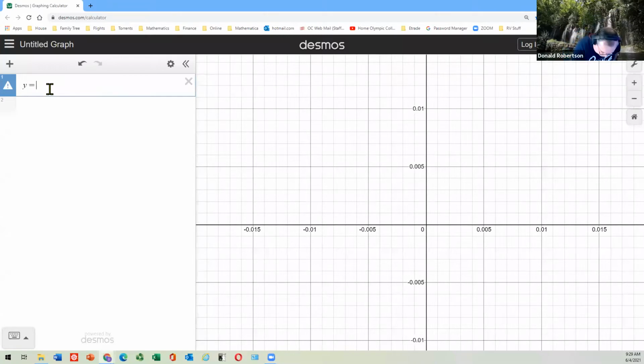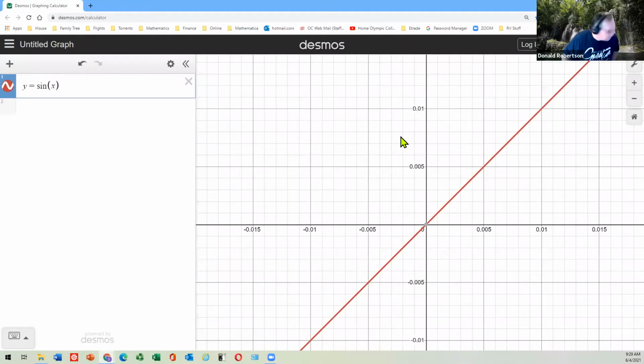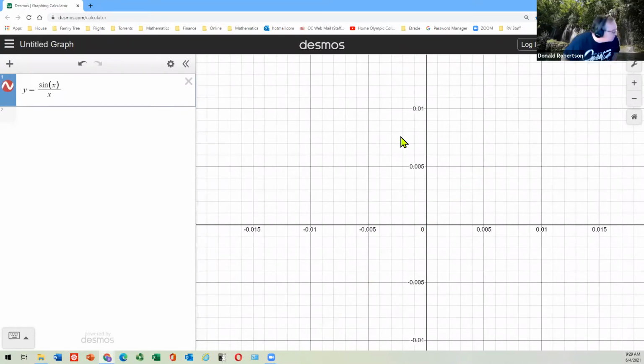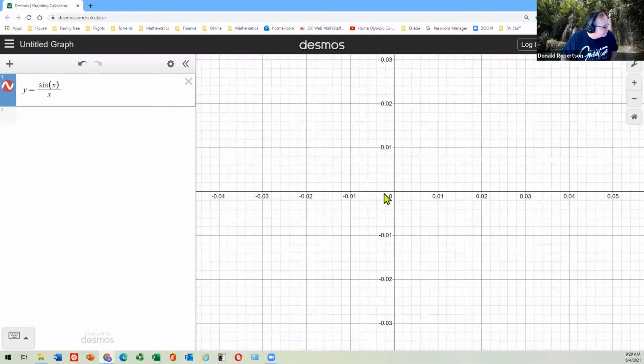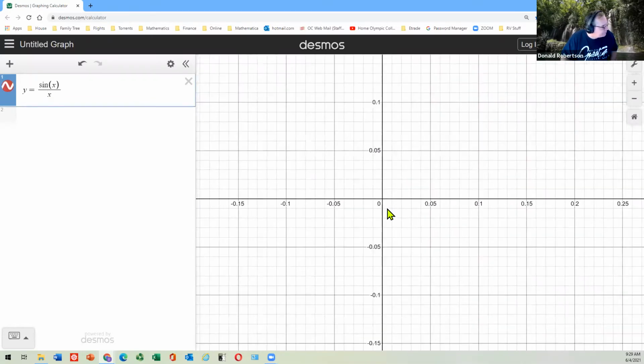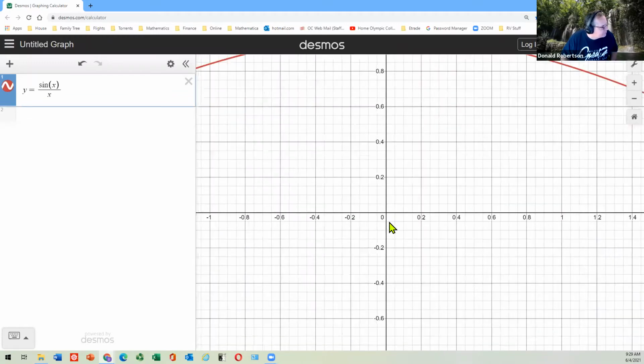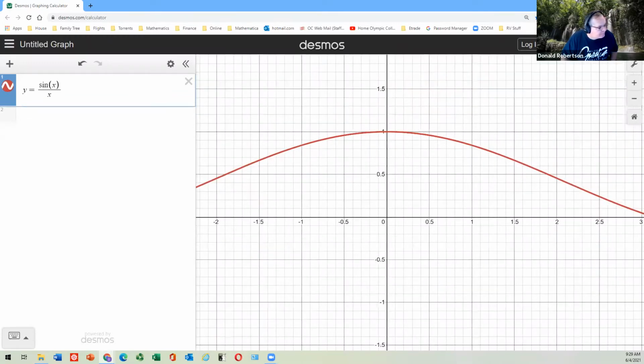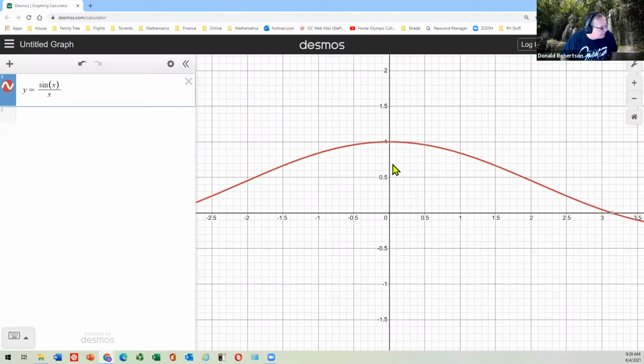So y equals sin x over x. There we go. Can you see that as x approaches 0, isn't the answer 1?